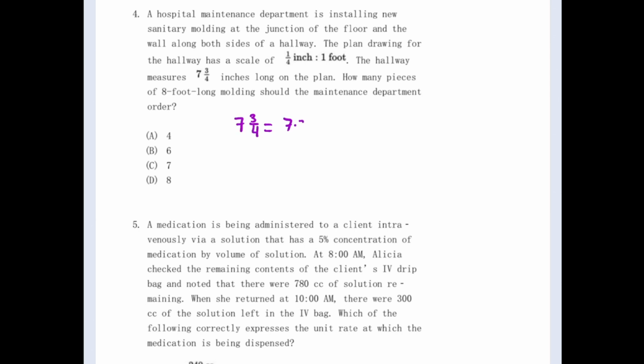So first we know that the hallway measures 7 3/4 inches long. What we want to do is convert this to a fraction, so that is going to be 31/4 inches long.